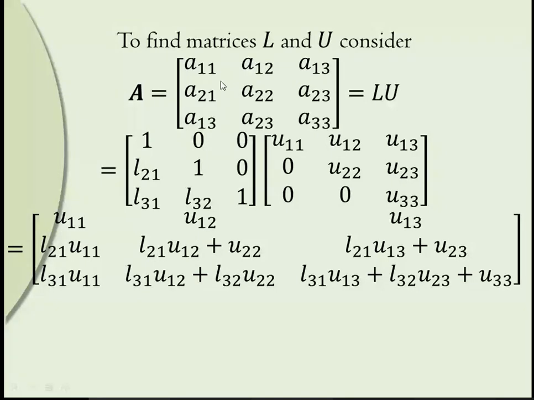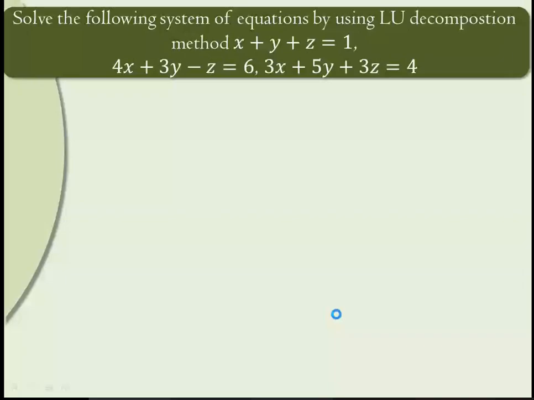First element, this with this. First row, second element with first row, second element of this. So equate with the corresponding elements. That gives us 9 equations. Okay, and solving those 9 equations, we can find all the values of L and U. And after getting L and U, first find Z, and after getting Z, find X terms.